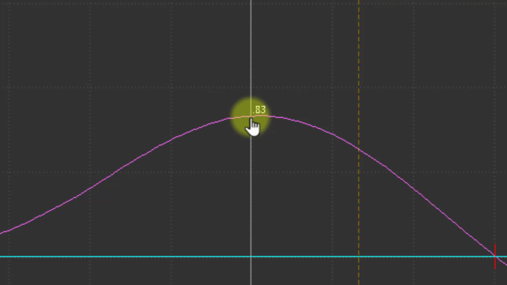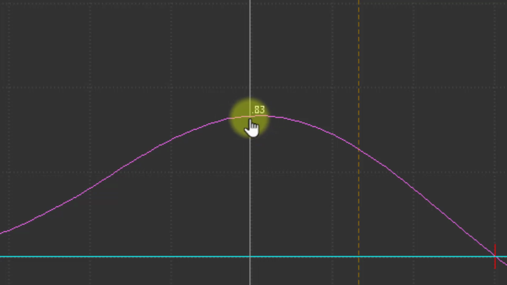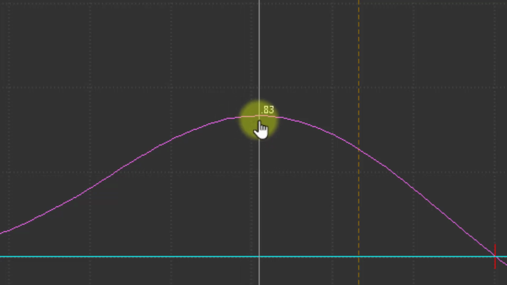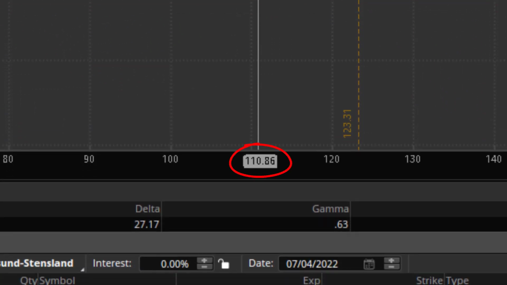If I sweep a little to the left, still about 0.83, still about 0.83, that tells me I don't need to be super precise. It's several stock prices right in this range that will give me the highest gamma at 0.83, at least for today. And if we look straight down below, 110.86, so probably somewhere around 110 to 111 will give us our highest gamma.